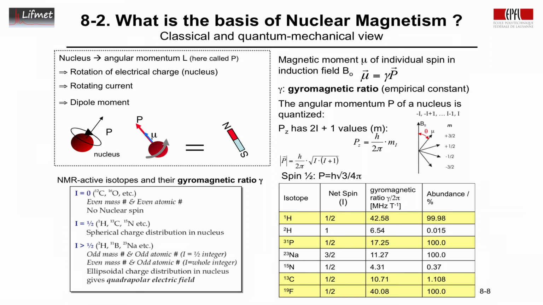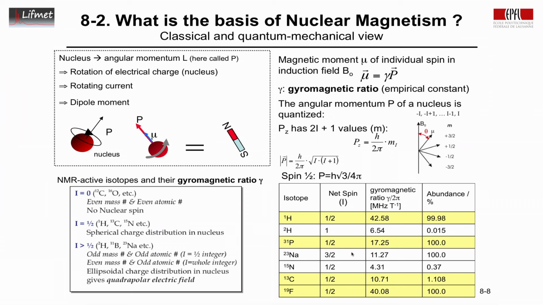Then we have deuterium. This has a spin 1, so it's a quadrupolar nucleus, very low gyromagnetic ratio, and the abundance is about 0.01%. Phosphorus 31, spin 1/2, gyromagnetic ratio is about 40% of that of the hydrogen, of the proton, and the abundance is 100%. Sodium, 100% natural abundance here.